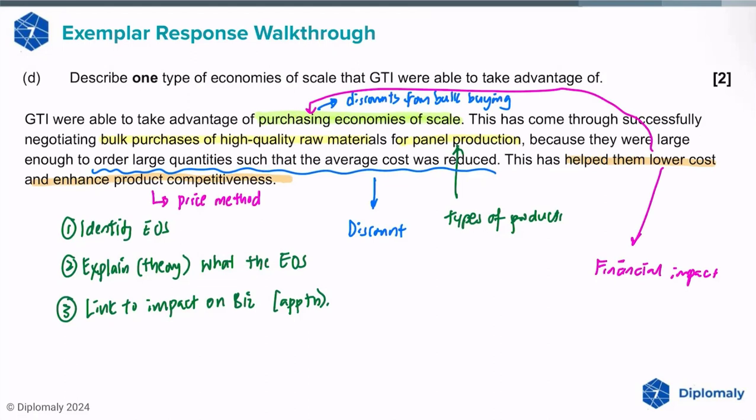They don't need to do that because they have purchasing economies of scale, they're able to lower their average costs and average cost of production. Therefore, they have the flexibility and the capacity to lower their selling price and still earn a profit margin as a result of being able to enjoy purchasing economies of scale.